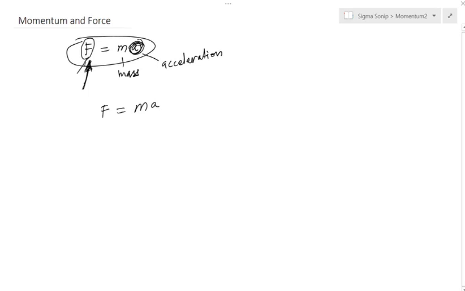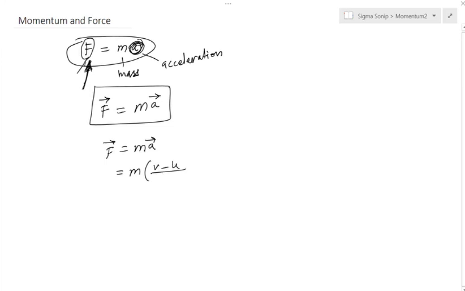One more point I would like to mention here is that acceleration and force both are vectors, so we can write that as a vector equation as well. Okay, so let me start with this again. F equals m times a, and acceleration a is nothing but the rate of change of velocity.